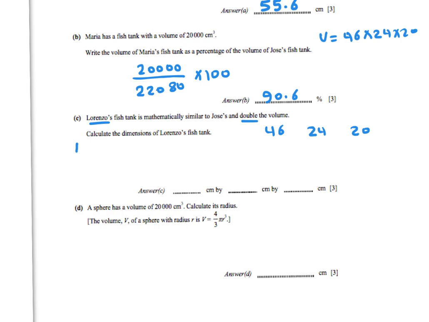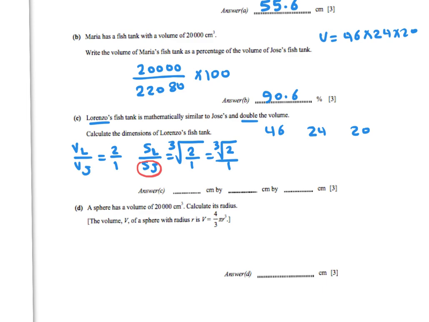So this means the volume of Lorenzo divided by the volume of Joe is 2 over 1. And the ratio between the sides, side for Lorenzo divided by side for Joe, is the cube root of 2 over 1, which is the cube root of 2 to 1. So now if we have the dimensions for Joe, we can find the dimensions for Lorenzo, just multiply by the cube root of 2.